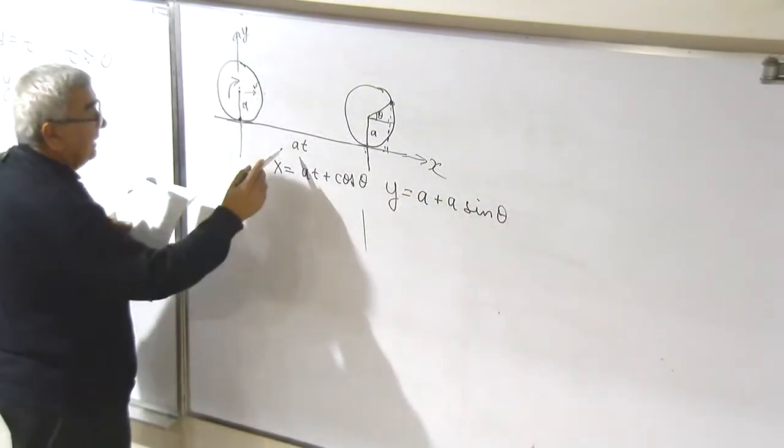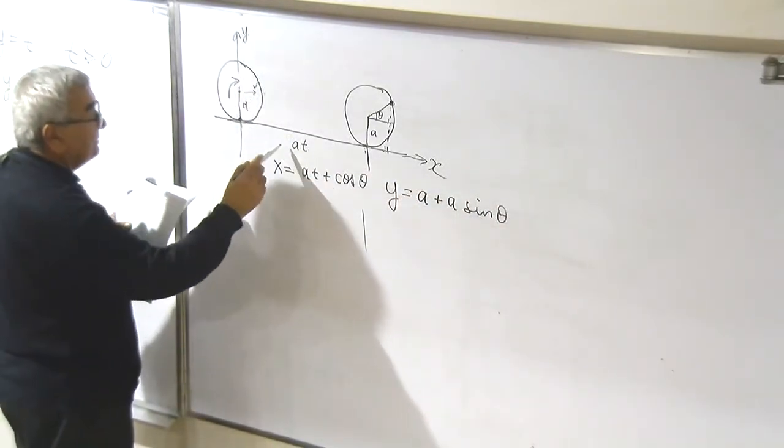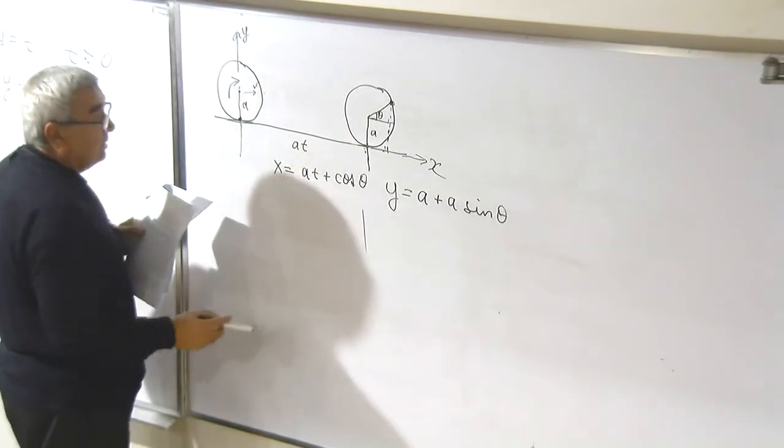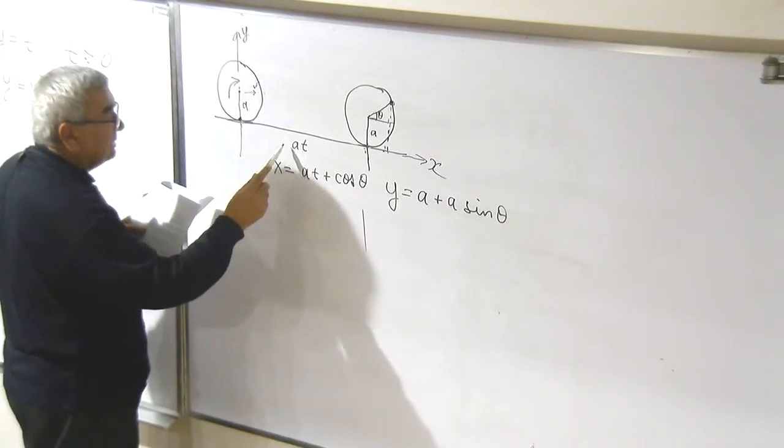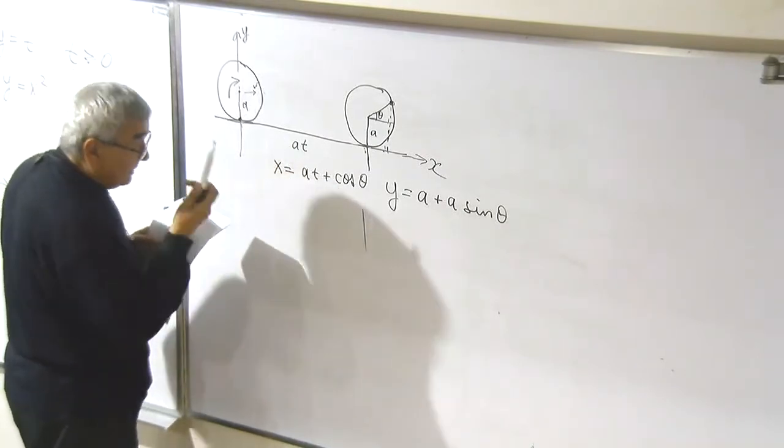Here a is a radius, so we receive a multiple. Don't confuse, because I again repeat once more, all quantities are dimensionless.